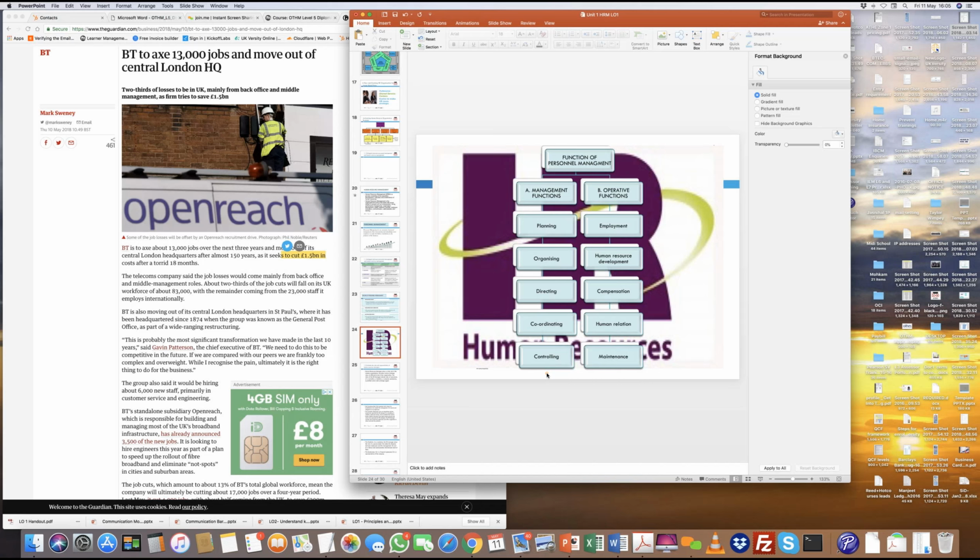Similarly, you will see an operative function. In operative function, there are certain key aspects which are covered, and they look at employability, development, compensation, human relation, and maintenance. So the two different types of functions within personnel management focus on two different things.